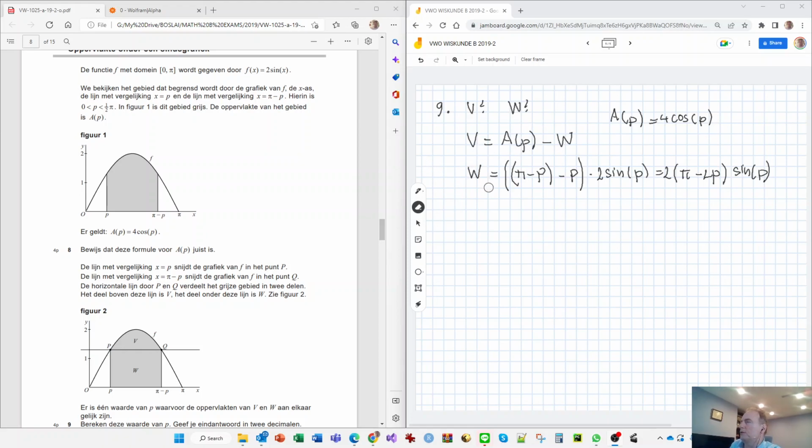Okay, so in order for V to be equal to W, you get that AP minus W is equal to W, and this gives our equation AP is 2W.